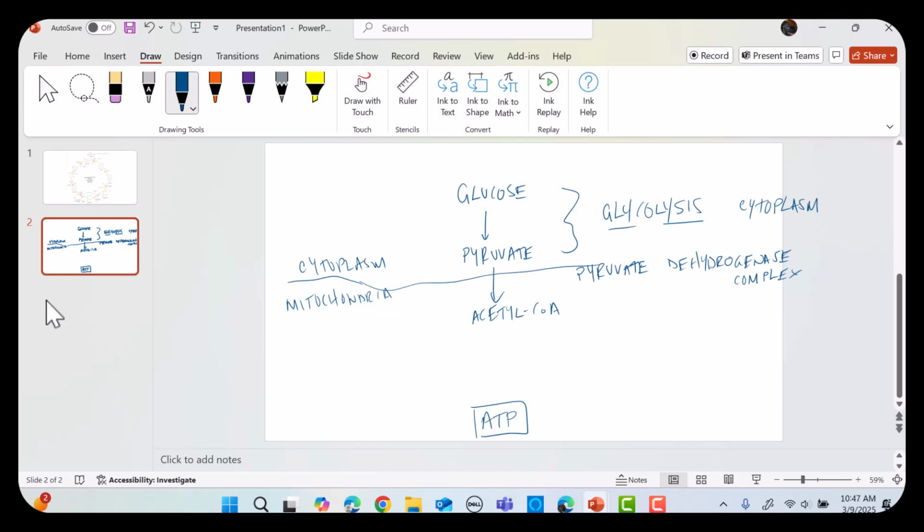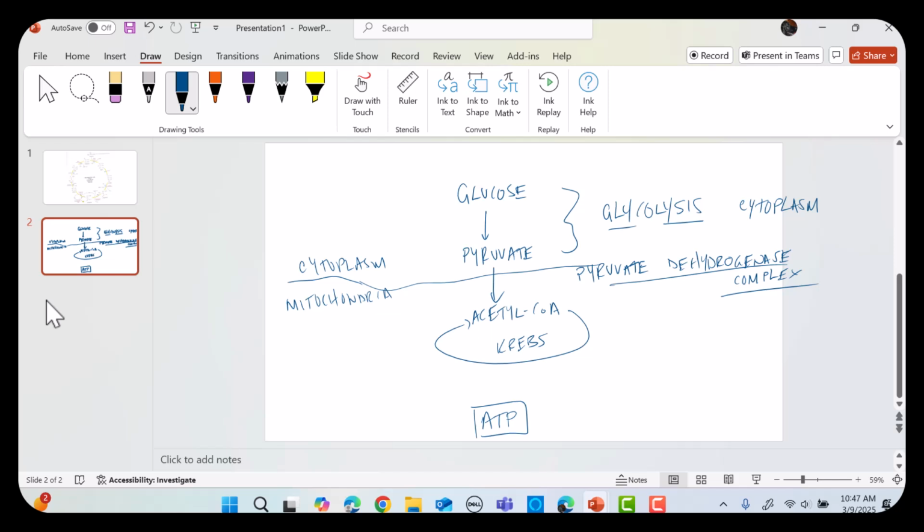So most of our energy making processes are done in the mitochondria, and we'll come back and visit that idea a little bit more when we have more stuff to talk about in the mitochondria. So the purpose of the pyruvate dehydrogenase complex is to get our carbs in the form of pyruvate into the mitochondria and into the Krebs cycle.